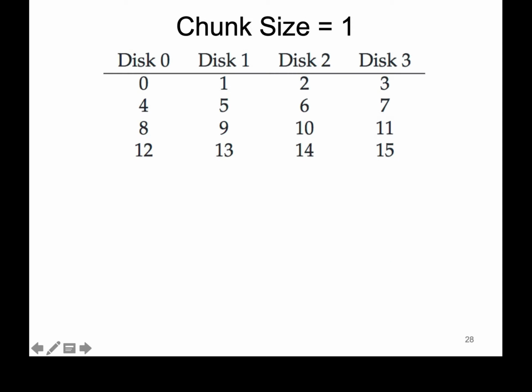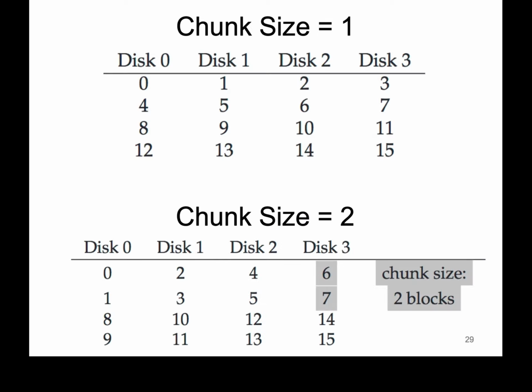All right. So typically, in its simplest form, we assume a chunk size of 1, as shown in this example on the top half of this slide. In some other cases, we can also configure a system to use variable chunk sizes. As shown in this example at the bottom half of this slide, we configure the chunk size to be 2.